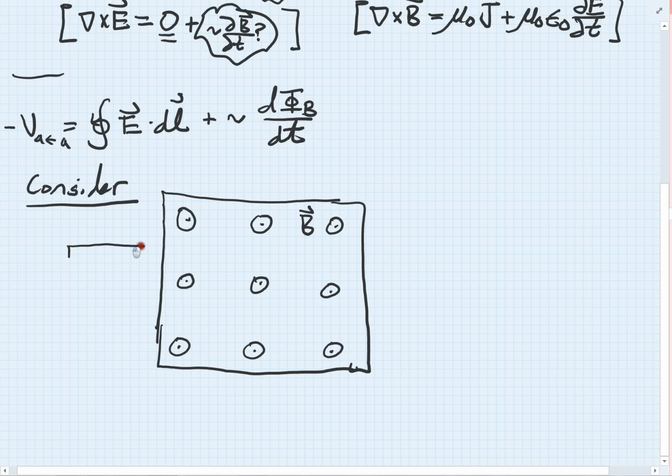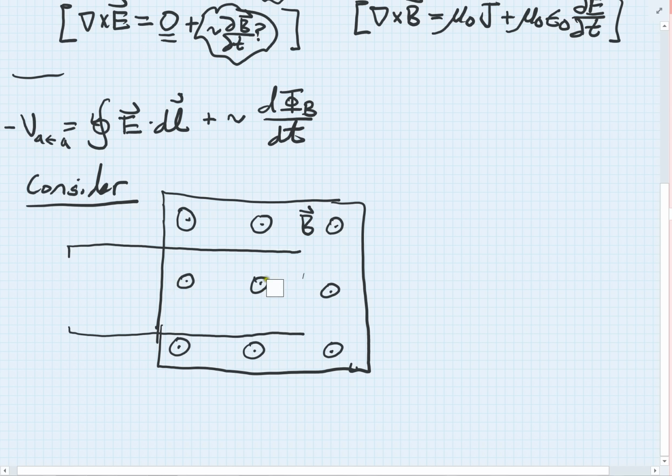But I'm going to have some kind of a wire loop here doing something like this. The whole idea is to give this loop, and I'm going to complete the loop in this region here momentarily, the whole idea is that this whole loop is going to be moving off to the right. And as that loop moves off to the right, clearly I'm going to be including more and more magnetic field area through my loop.